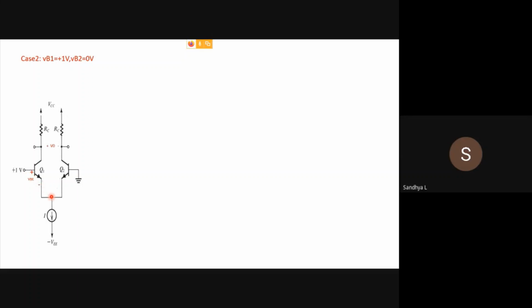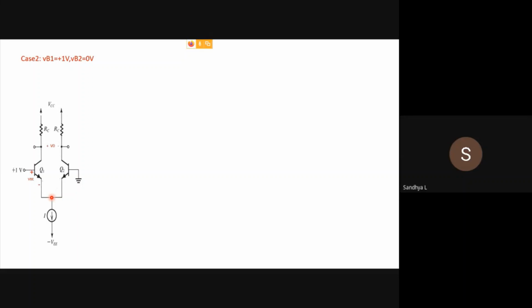VE is the voltage at this particular point with respect to ground. So 1 minus VBE minus VE equals 0. So 1 minus 0.7 minus VE equals 0. So VE equals 1 minus 0.7, that is 0.3. So the voltage at this particular point is 0.3.